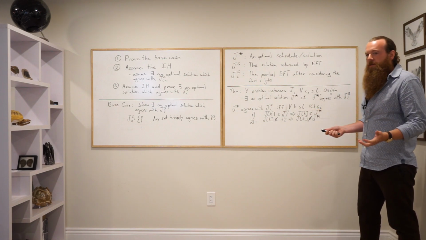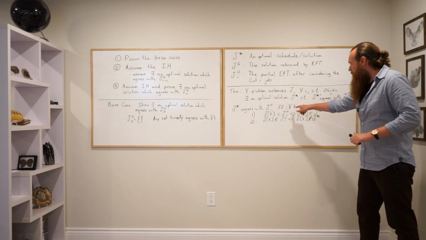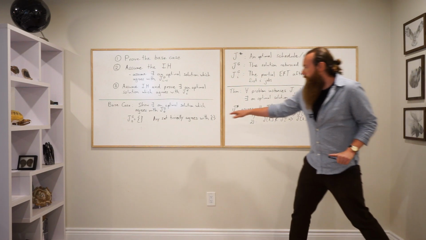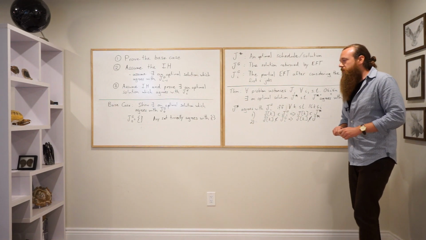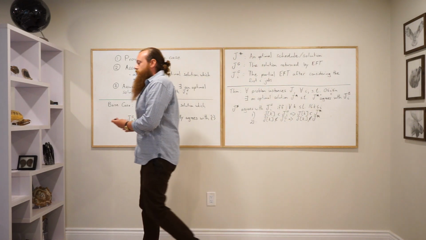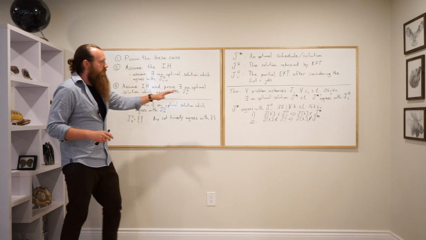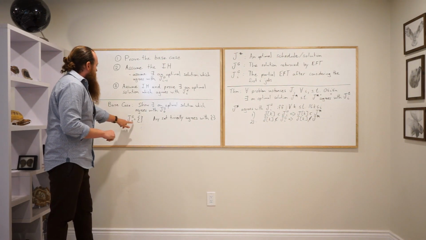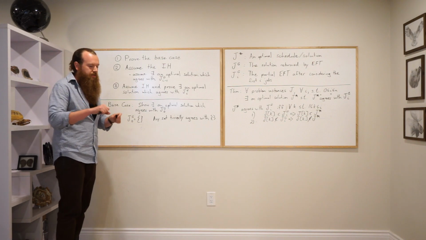When you do any iterator over an empty range, you default to the operator's identity. The operator in question for all is the logical and, and the identity of and is true. Therefore, this defaults to true, so it trivially agrees. That's kind of maybe more math than what you need to understand it. Or you can just trust me, okay? It does trivially agree, and it's because the for all over the empty range, which is the empty set here, boils out to be true. Okay, good. So the base case is true.